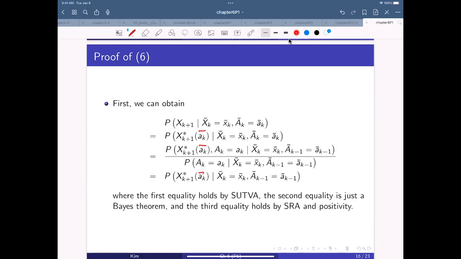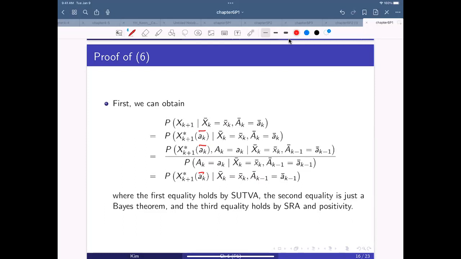Okay, and then the second equality is just Bayes, you just do the Bayes. And then the last one is what? Basically, we are showing that the potential outcome is independent of AK, given the current observation. That is the SRA, sequential ignorability.